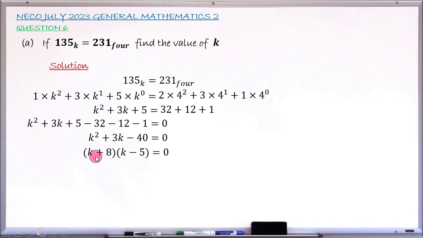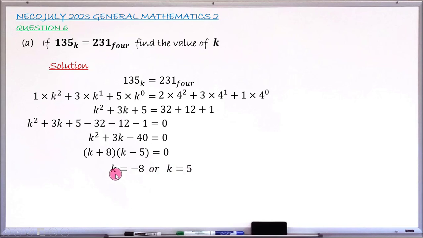Now assume the first bracket is 0, find k. Then assume the second bracket is 0, find k there. You now have k equals minus 8 or k equals 5. k equals minus 8 if it were the first bracket that is 0. The second bracket, if it is the one that is 0, gives k equals 5.